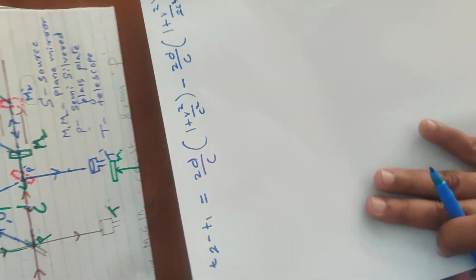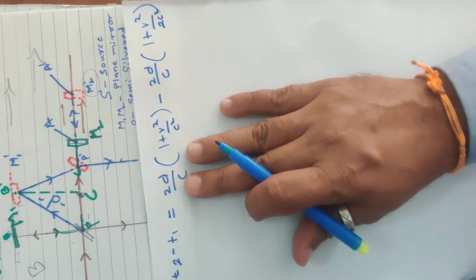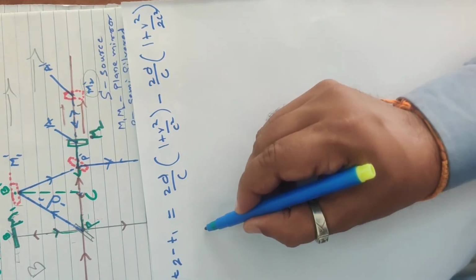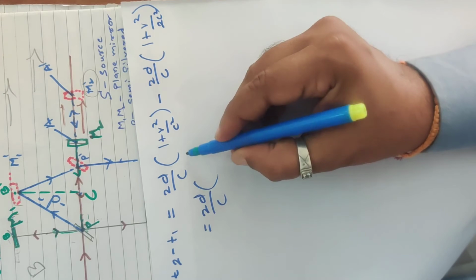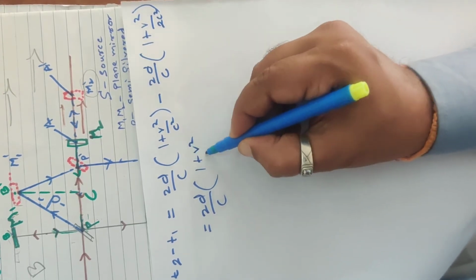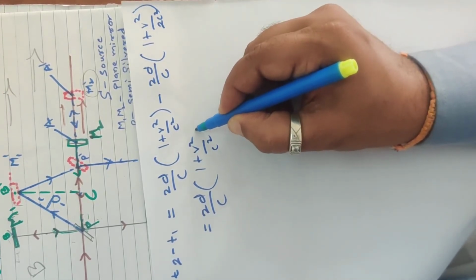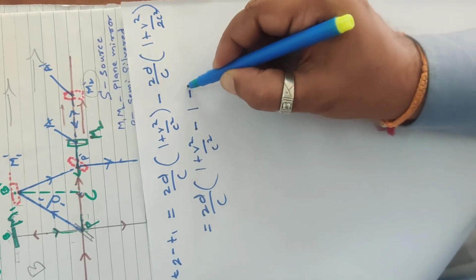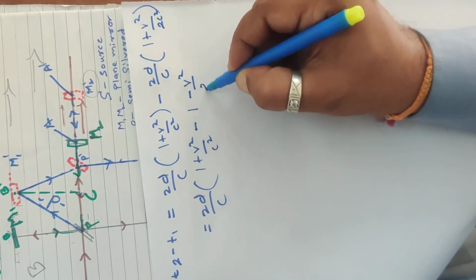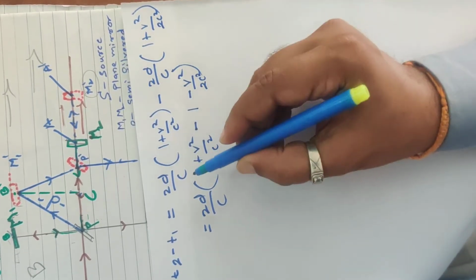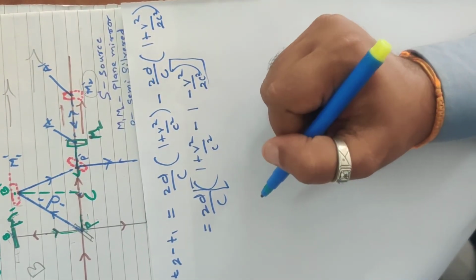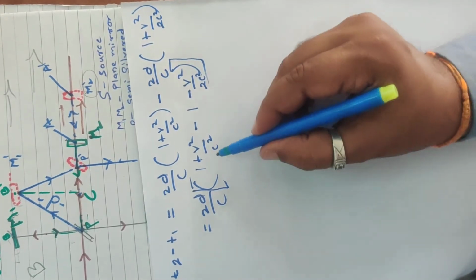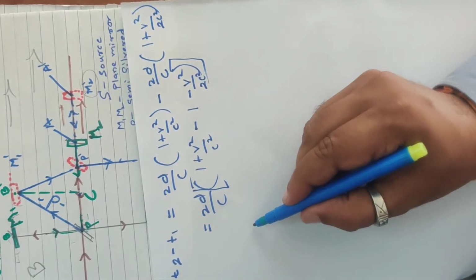Right? Now what we do? After doing simple mathematics, what happens? 2d upon c times (1 plus v square upon c square minus 1 minus v square upon 2c square). What we did? We have taken a common of 2d upon c, and the remaining term will be what? 1 will get cancelled, right?